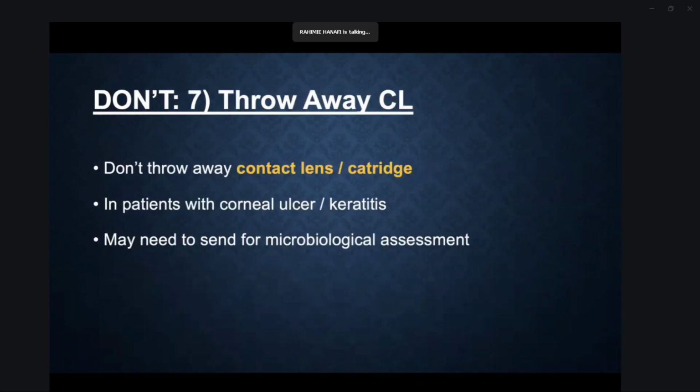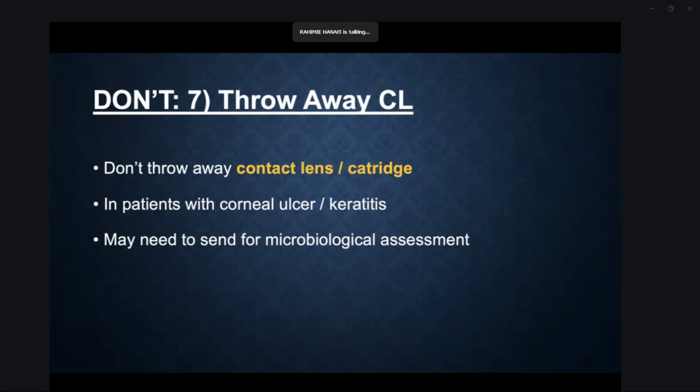So then next is the contact lens. If you have a patient with corneal ulcer or keratitis that is related to the contact lens, for example, the patient wearing a contact lens and swimming in ponds, we must suspect there is Pseudomonas or Acanthamoeba. So please do not throw it away, including the contact lens and also the cartridge.